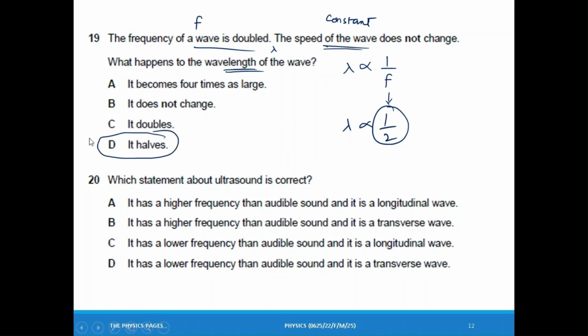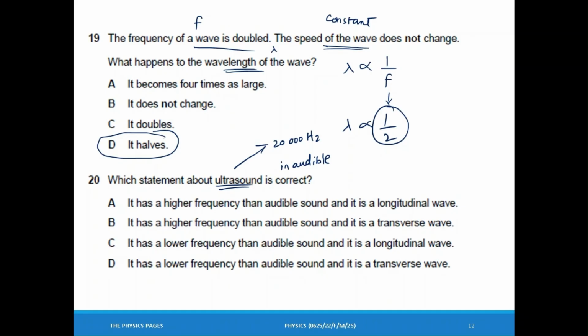What happens to the ultrasound? We know that ultrasounds are sounds having a frequency greater than 20,000 hertz, and these ultrasounds are inaudible, that we cannot listen to these sounds because the frequency is too high that our eardrum cannot tolerate it.